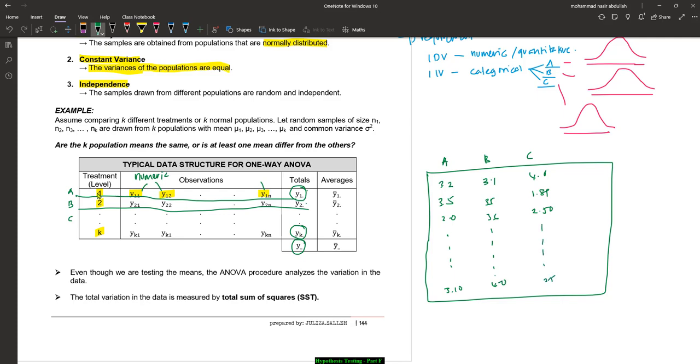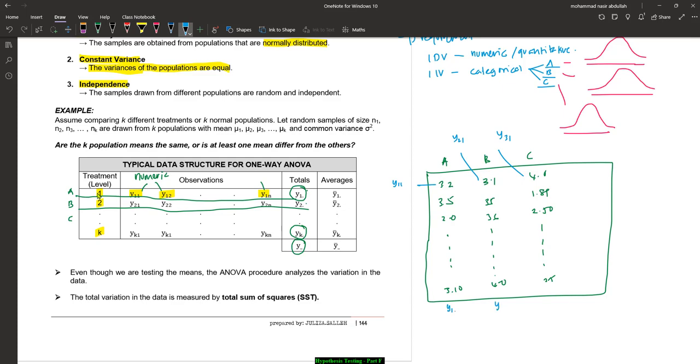So dekat sini, this one kita kata Y11. This is Y21. This is Y31. Right? So this is the symbol that we use. So the total, let's say the total of all observation dekat sini, kita panggil Y1 dot.